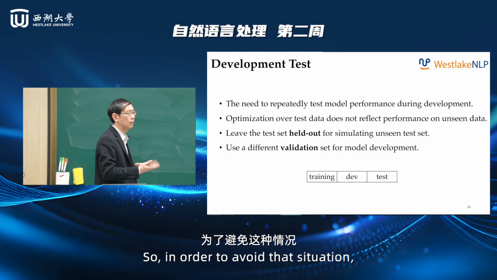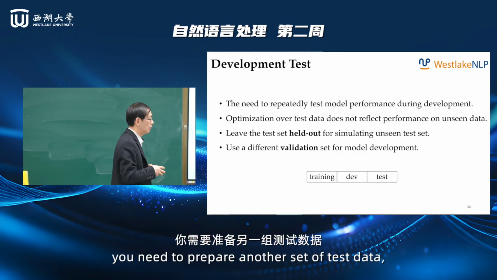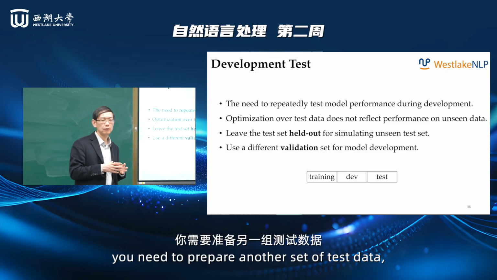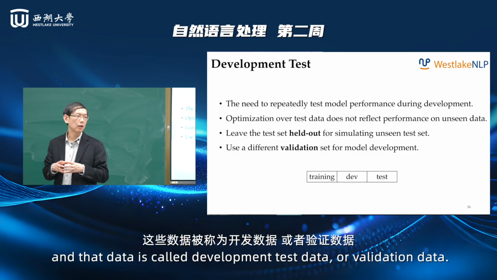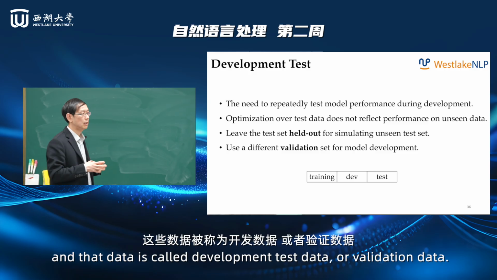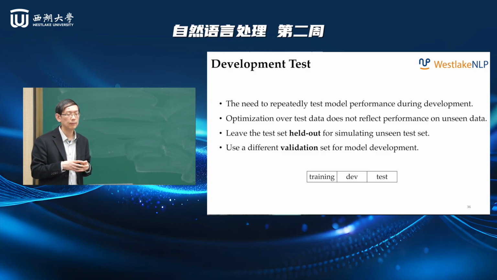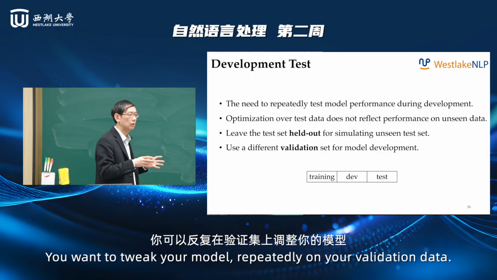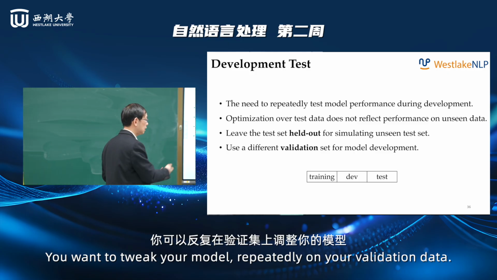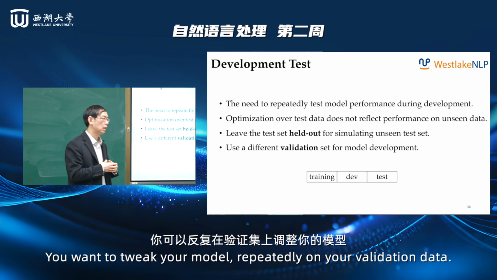In order to avoid that situation, you need to prepare another set of test data. That data is called development test data or validation data. So you want to tweak your model repeatedly on your validation data.